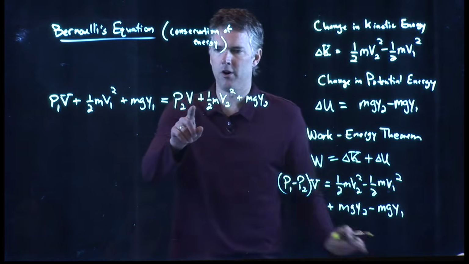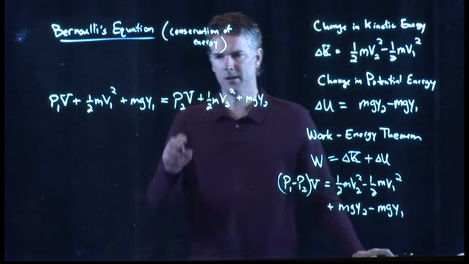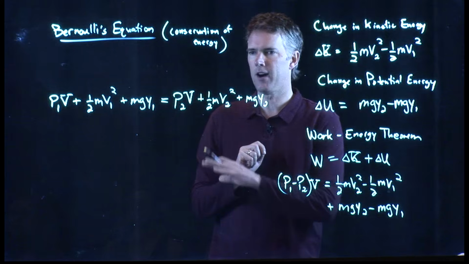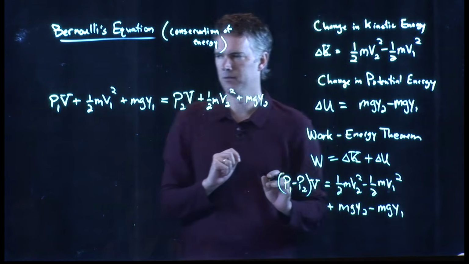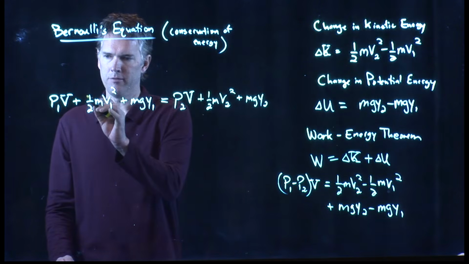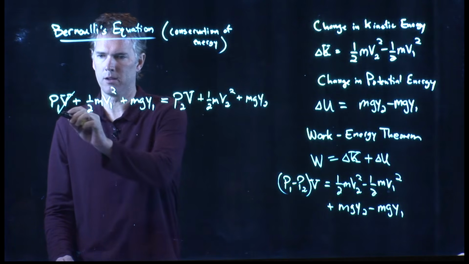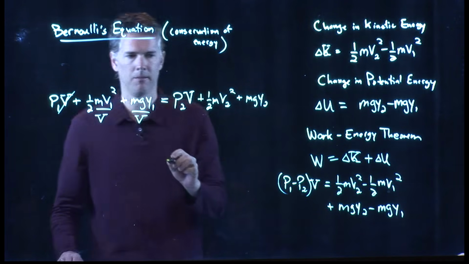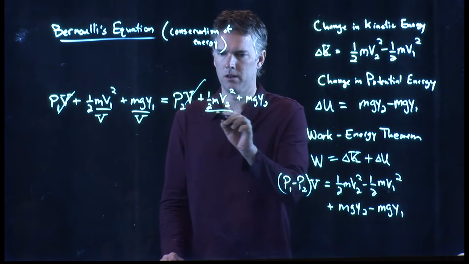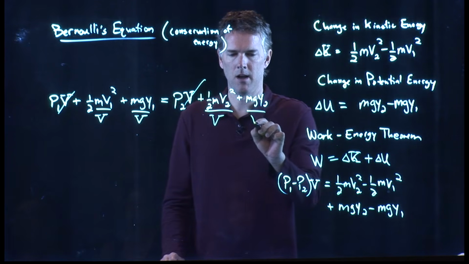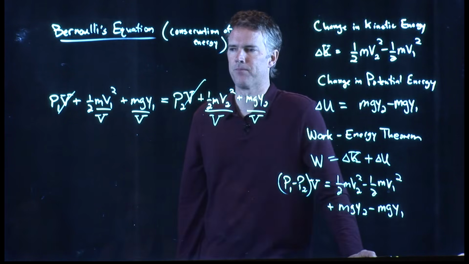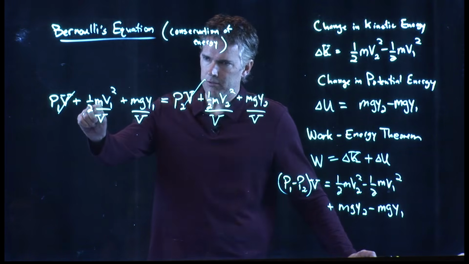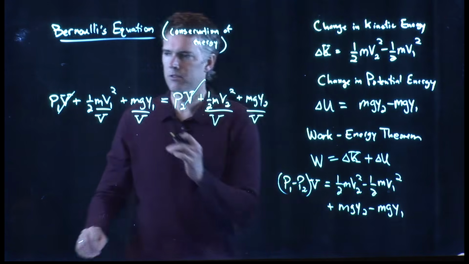Except I don't really like this volume V. I tried to write capital V and small v because this one's a speed, this is a volume. So let's divide everything by V. If I divide everything by V, what's going to happen? That goes away. I put a capital V down there. And that looks pretty good because mass over volume is density.